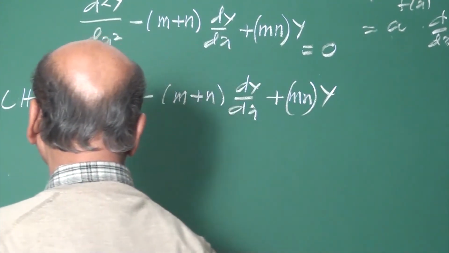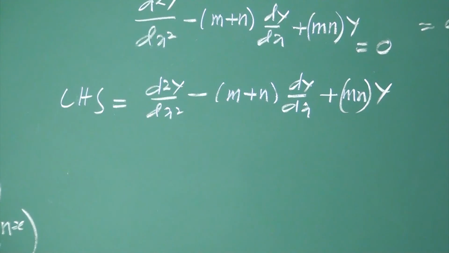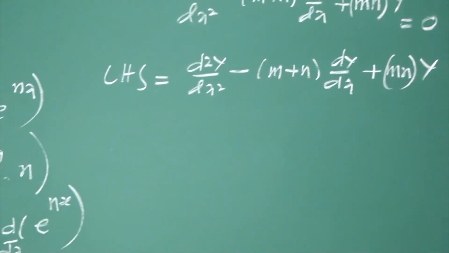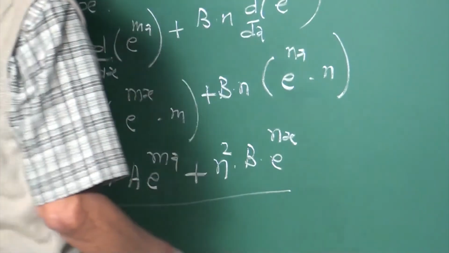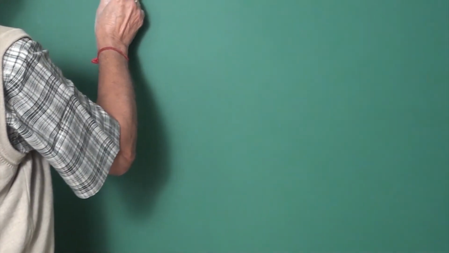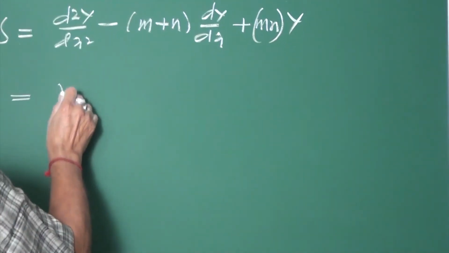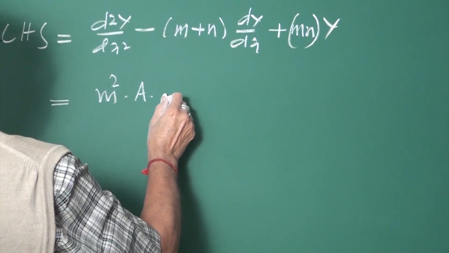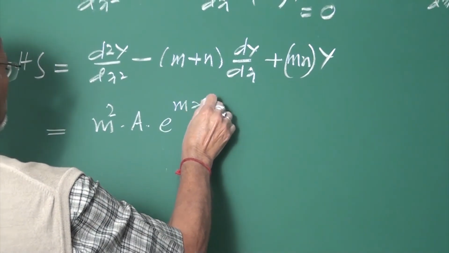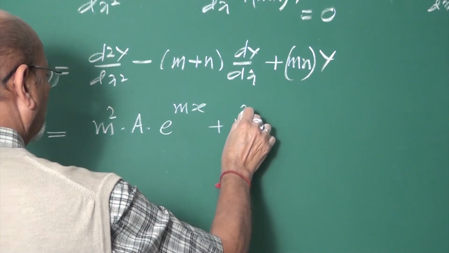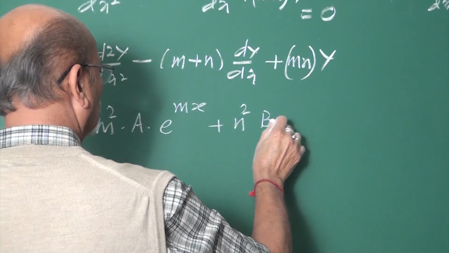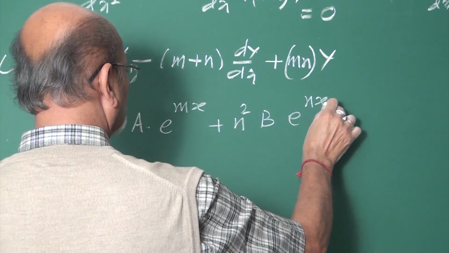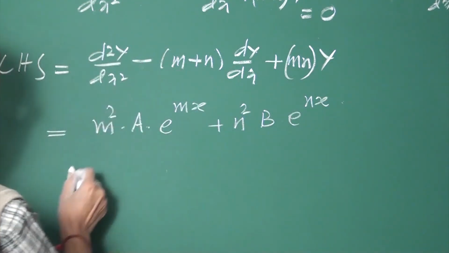Yes. What is d2y by dx2? This. This is d2y by dx2. Right. This is m square a into e to the power mx plus n square into b into e to the power nx. I write this down.